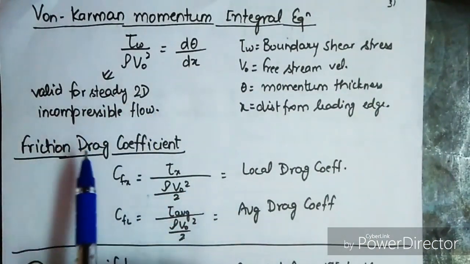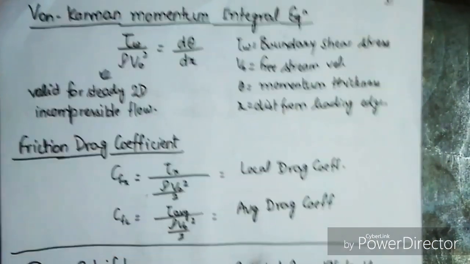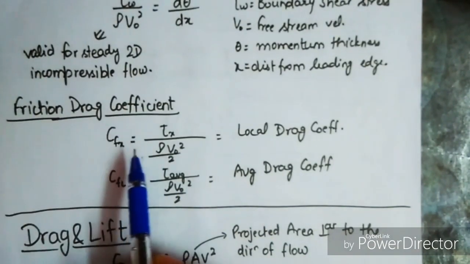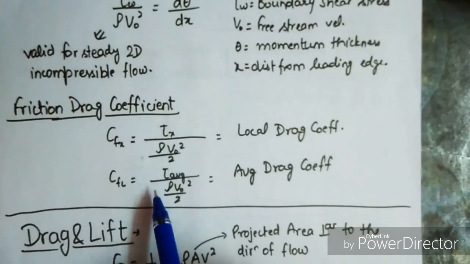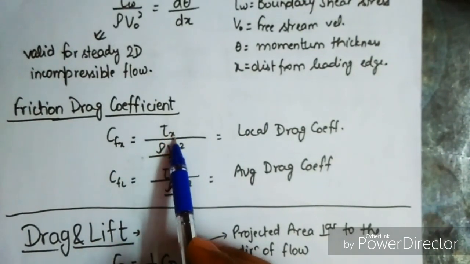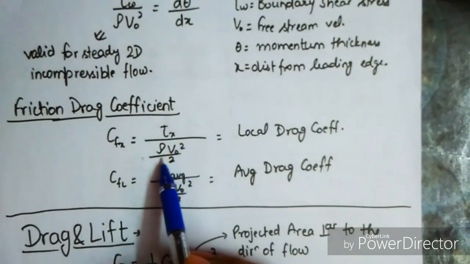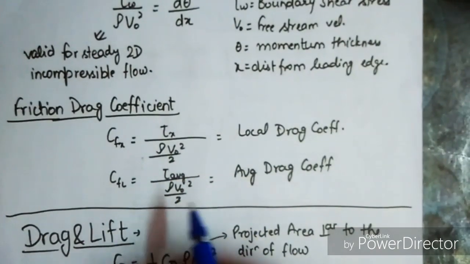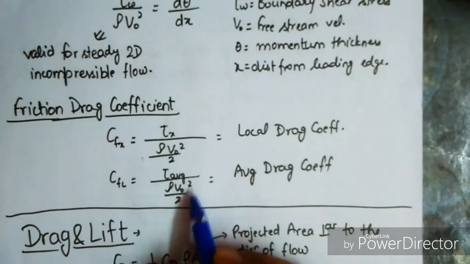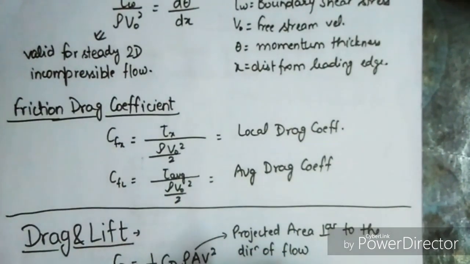This is valid for steady, two-dimensional incompressible flow. Next is the friction drag coefficient value. This is the local drag coefficient, and this is the average drag coefficient. In the local drag coefficient, we have the value of tau x upon rho v naught square by 2. In the average drag coefficient, we have the value of tau average upon rho v naught square upon 2.